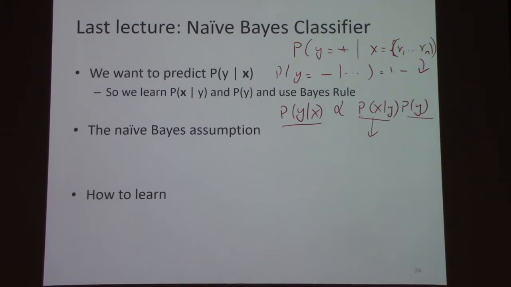So the actual value of P of y given x is P of x given y times P of y, divided by P of x, and P of x is simply the sum over all labels y prime.